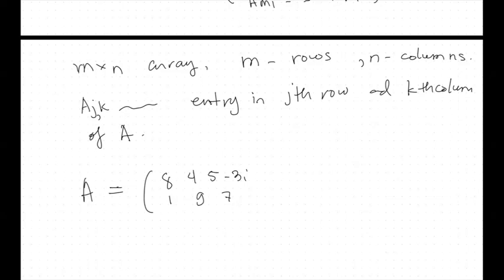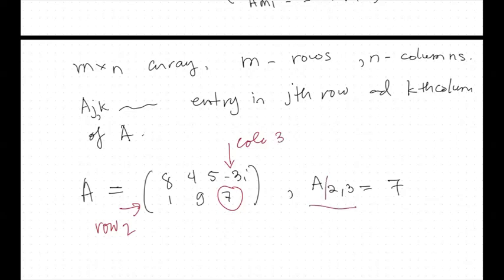So this is a complex number. So your A 2, 3: row 2 and column 3 is equal to 7.